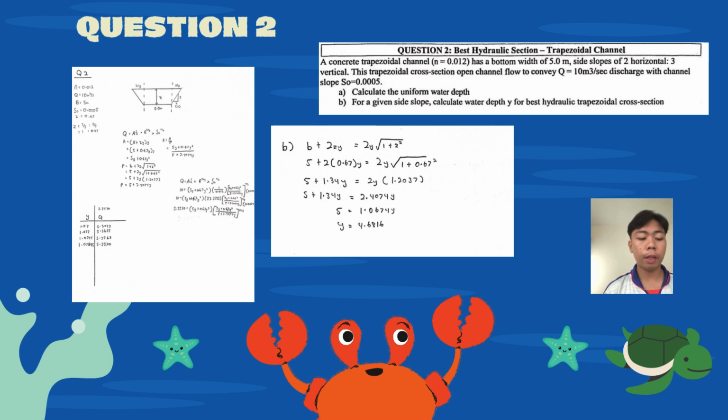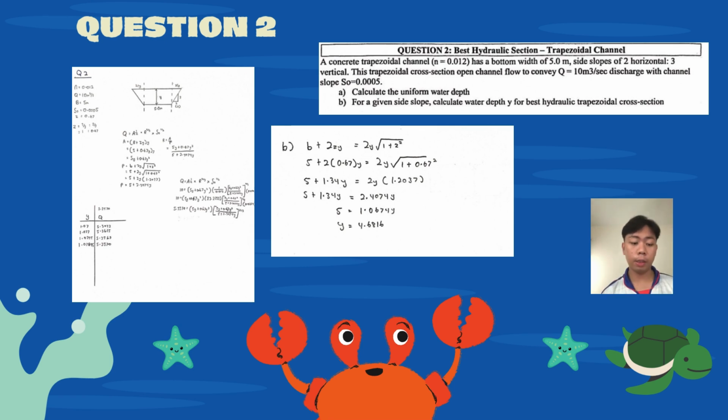For question 2, the data we have: n is 0.012, Q is 10 meter cube per second, b is 5 meter, S0 is 0.0005. Z we don't know, so we must find Z. Z we can answer 0.67.